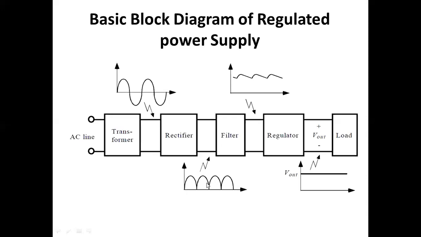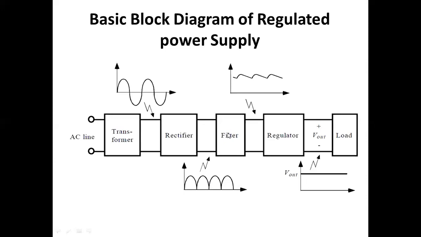Here a filter has been provided, and the rectifier output should look like this. If you consider the average value of the rectifier, this is the output. The filter filters out the ripples that we get from the rectifier output.